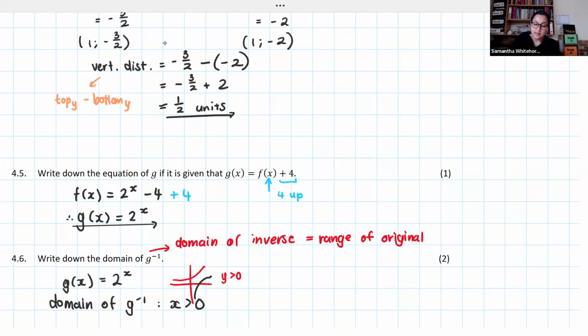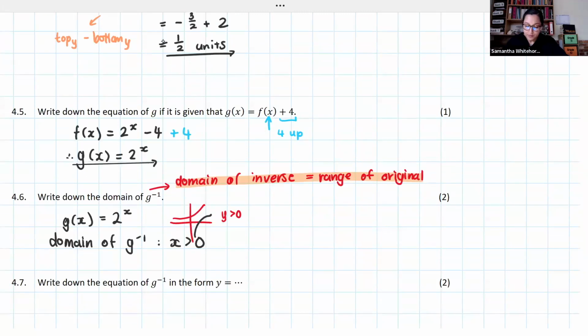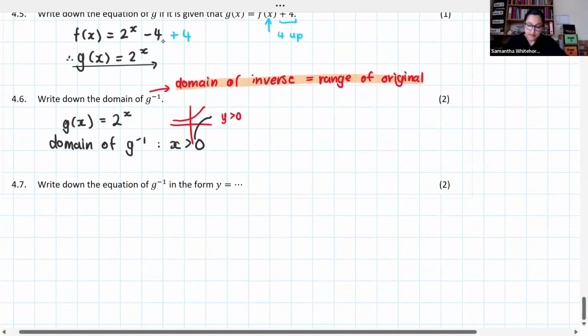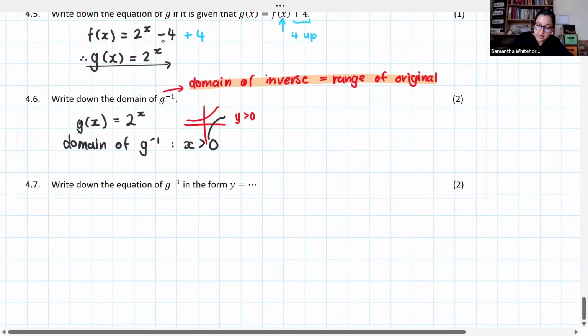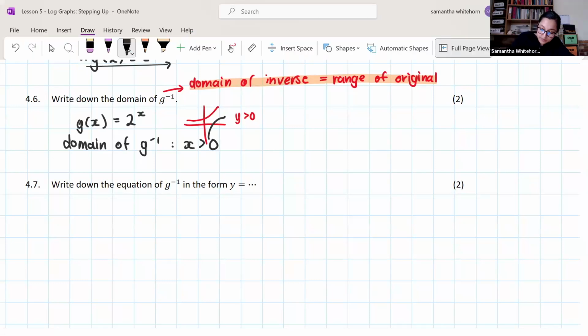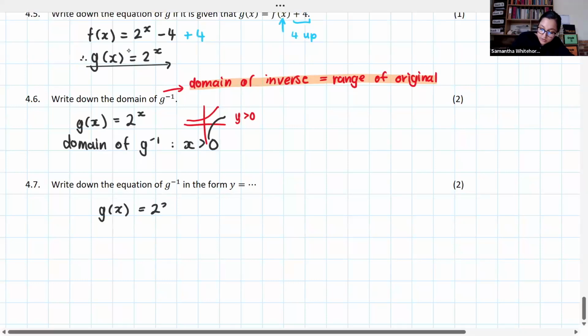So this idea of swapping is so important when it comes to inverse functions. I can't stress that enough. It is so, so important. All right, the last question for this one is saying write down the equation of g to the negative 1 in the form of y equals. So we know what g is. It's just a nice, easy exponential.